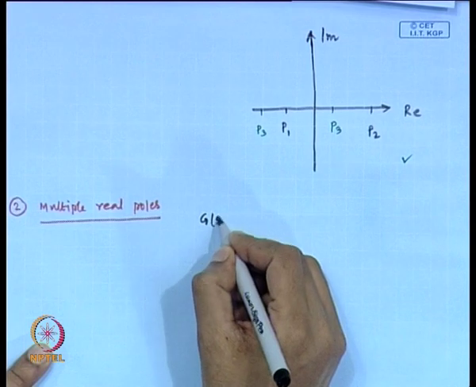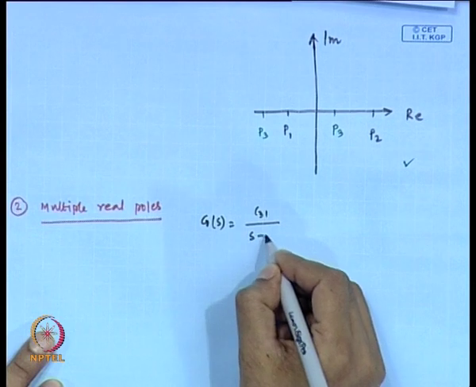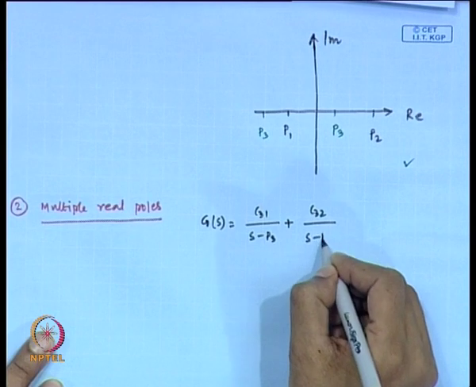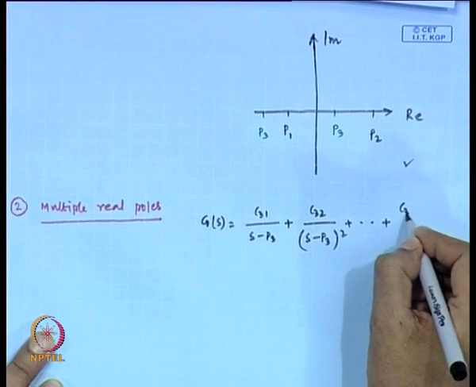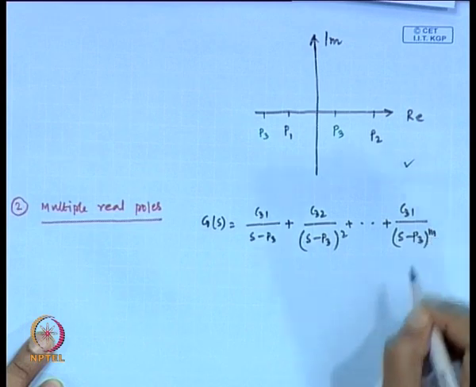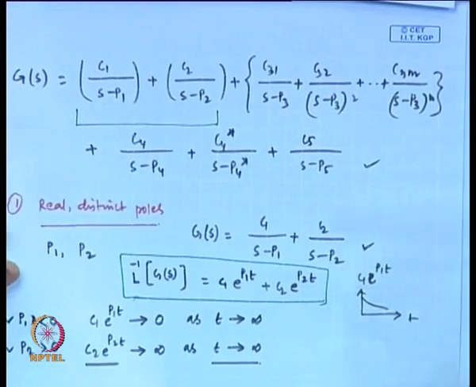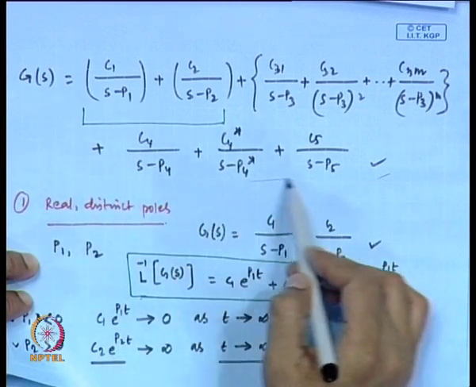and for this multiple real pole system we will consider the transfer function represented by C31 by (s minus P3), C32 by (s minus P3) whole square, like this. The last term is C3m by (s minus P3) whole to the power m. This is the general expression of the transfer function.